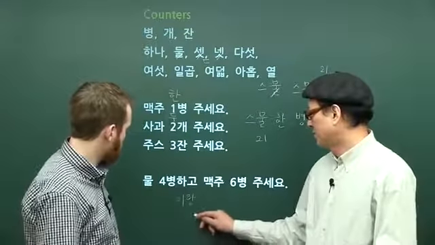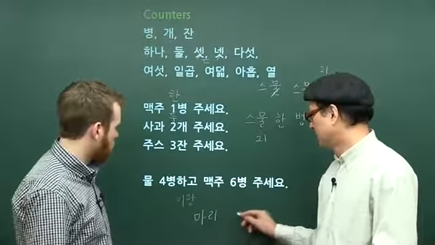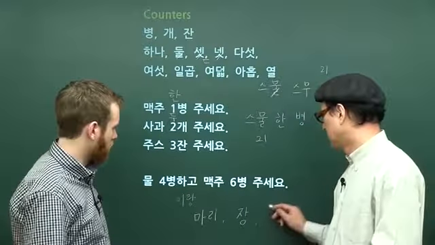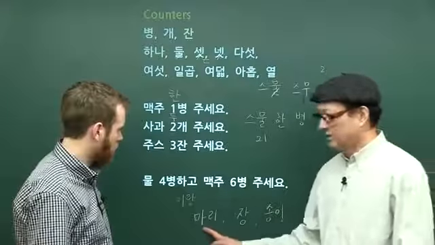그리고 maybe couple more counters. 장. 그다음에 이런 거. 이거는 animal.